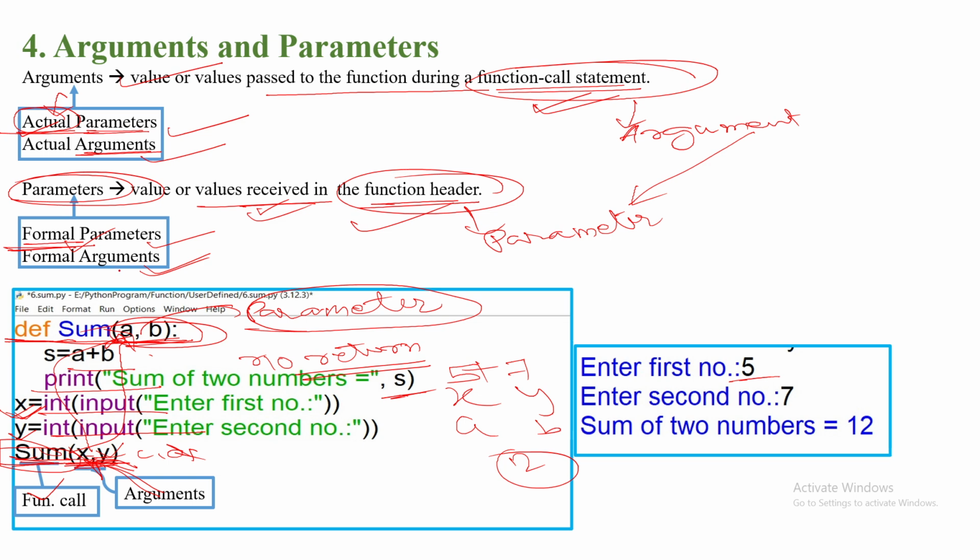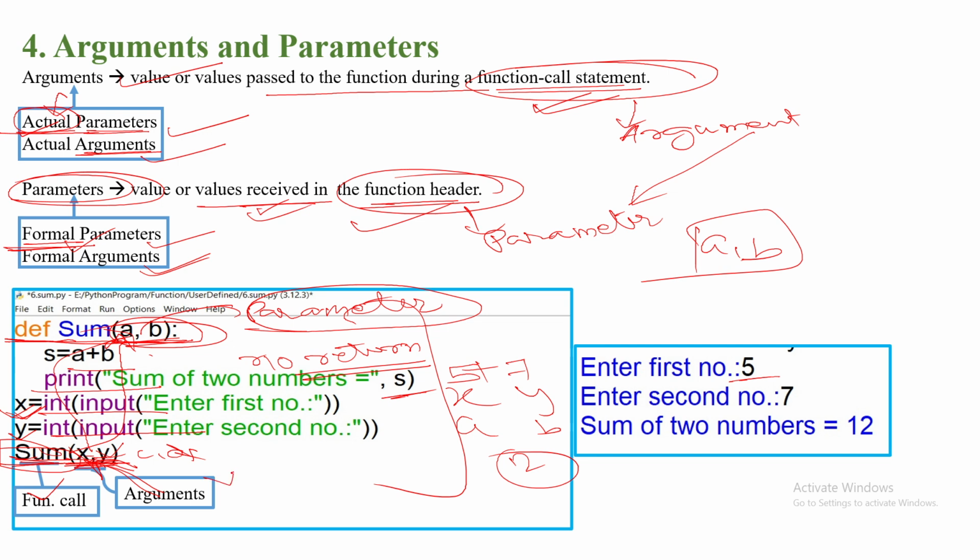Sometimes a function is given, just like this function, and they ask the question, which one is the formal argument? So in this function, which one is the formal argument? Here the formal argument is a comma b. Don't say x comma y, don't look at the arguments.